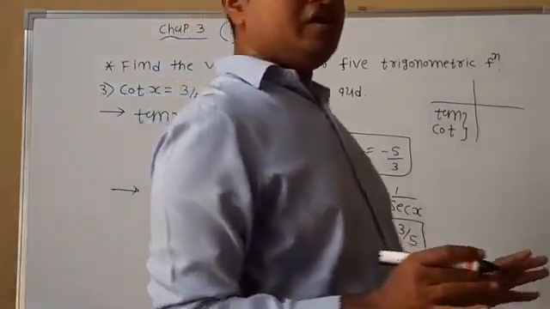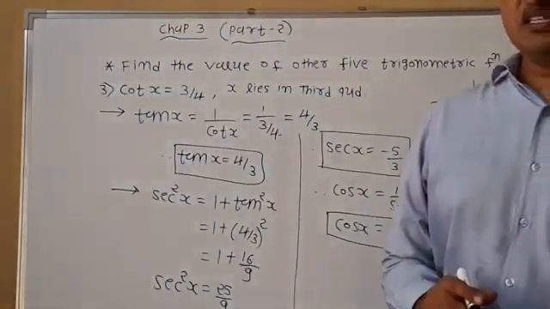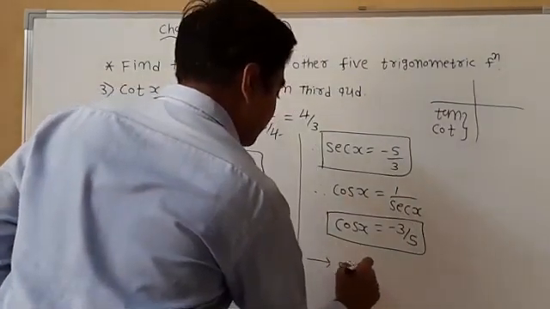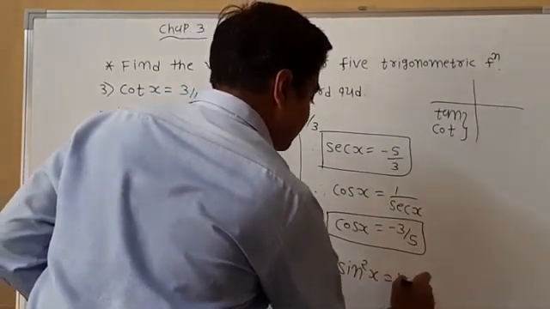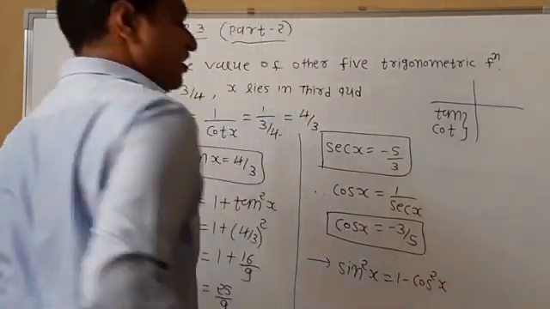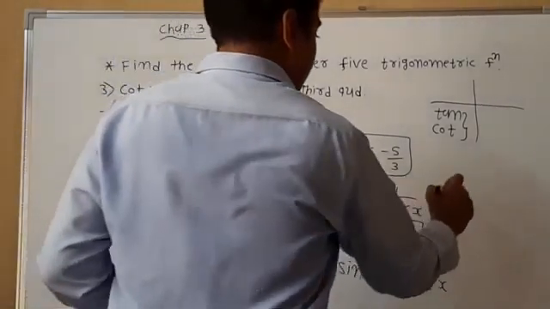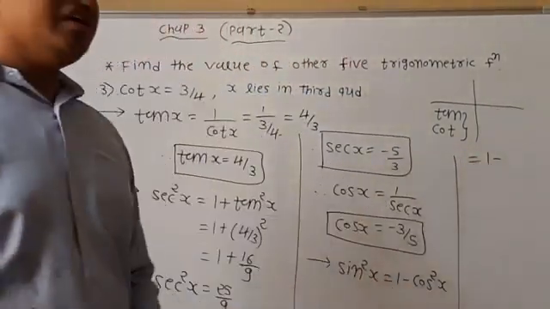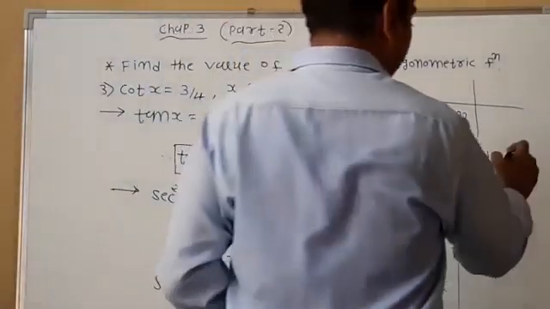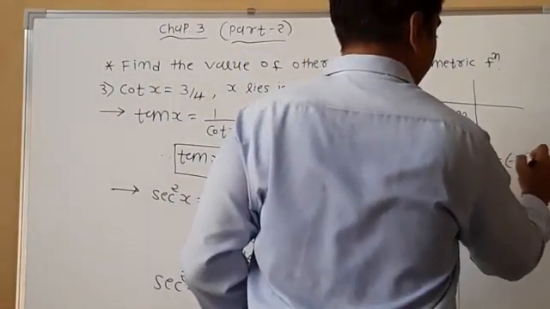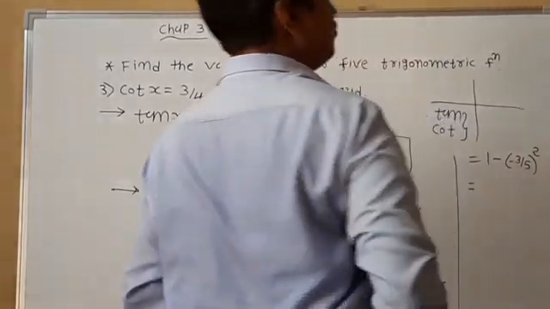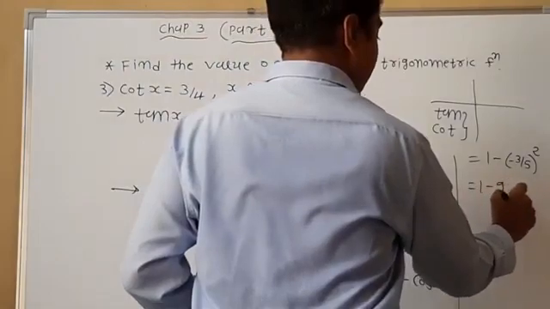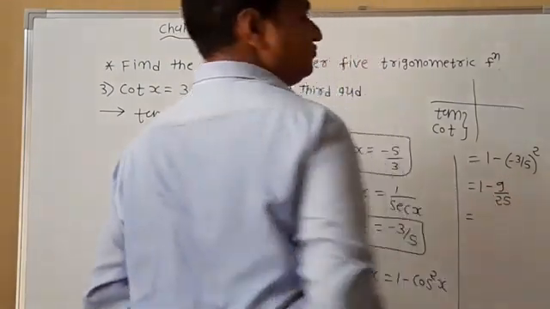Now two values are remaining. So here find sin x. Again we know that sin square x is equal to 1 minus cos square x. So it is equal to 1 minus, in place of cos x write minus 3 by 5, whole square. So it is equal to 1 minus 9 by 25.